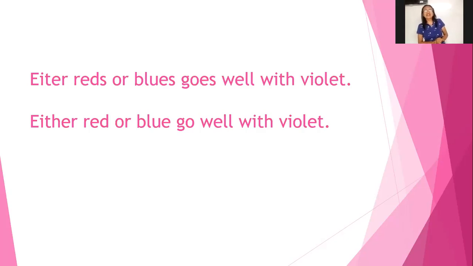Okay. Next, look at the subject of the sentence. You are using a conjunction, or connecting word, to connect these two subjects, reds or blues. So you are going to look at whether the subject is plural. And then we will have to put a plural verb if it is a plural noun or a plural subject.